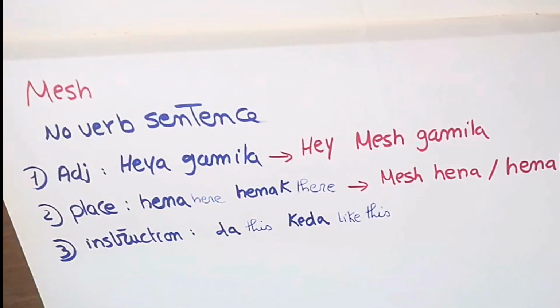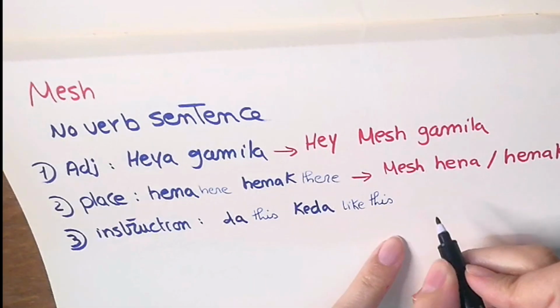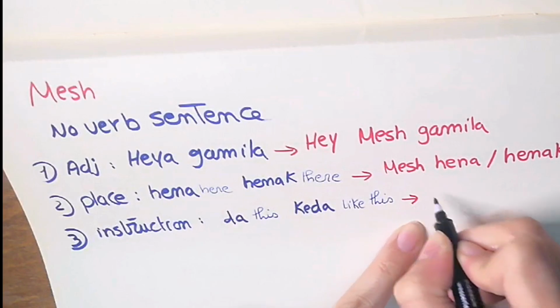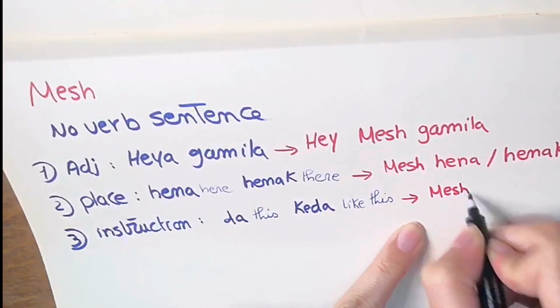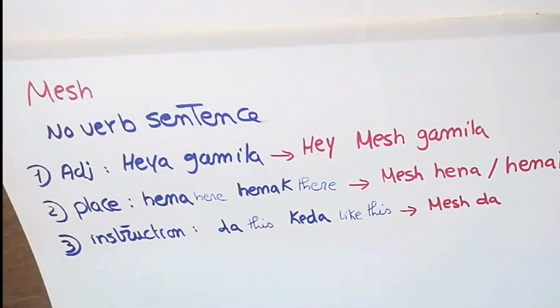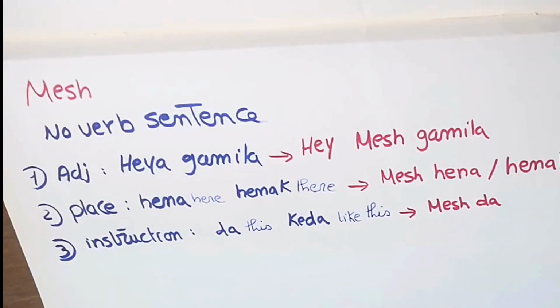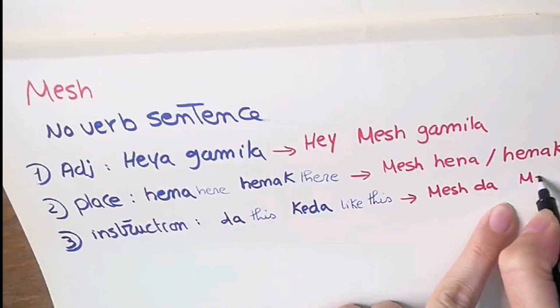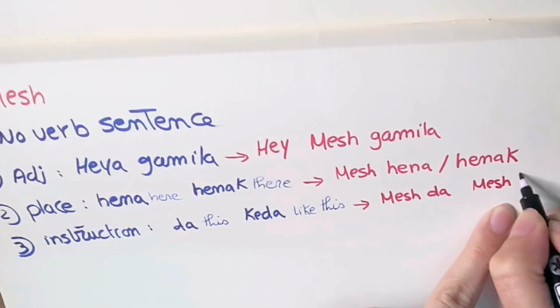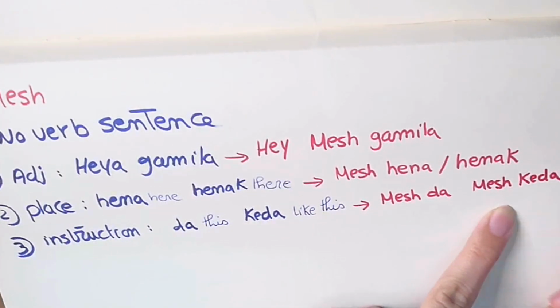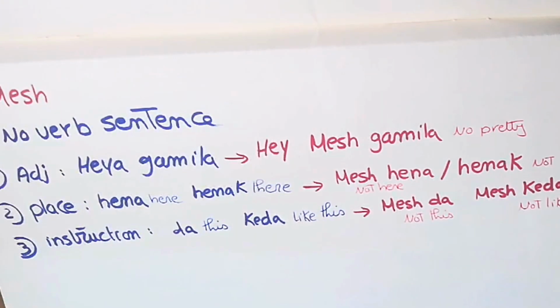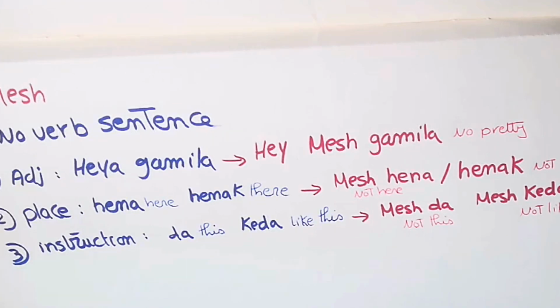If you want to make this a negative statement, it would be مش ده, not this, or مش كده, not like this. So here you go. These are the 3 uses of mish besides the regular use of negating the present continuous tense form.